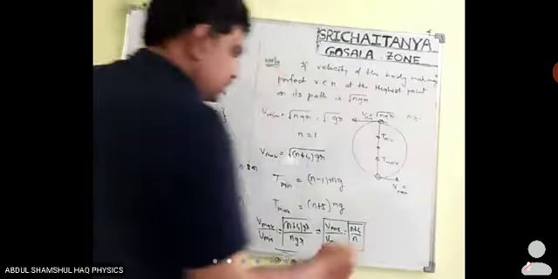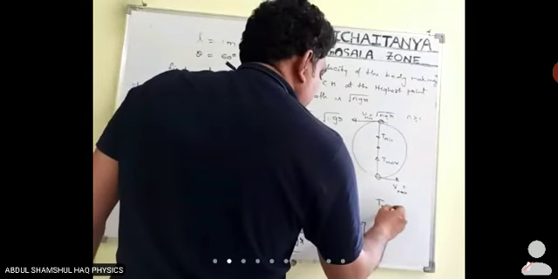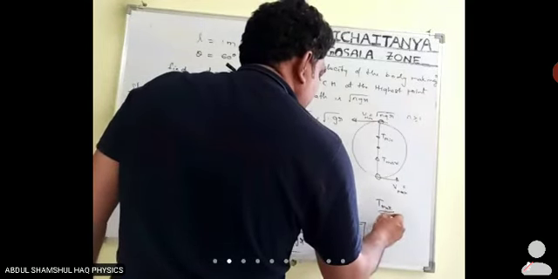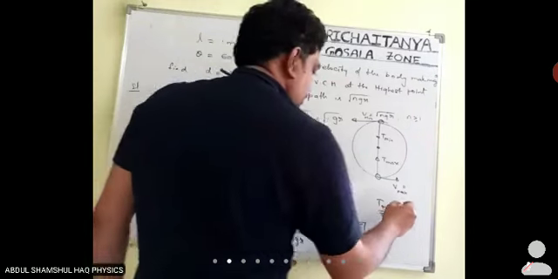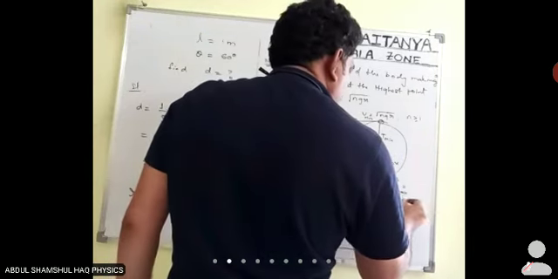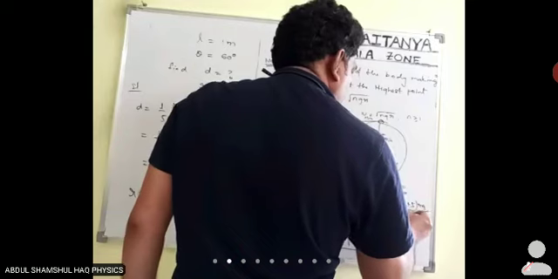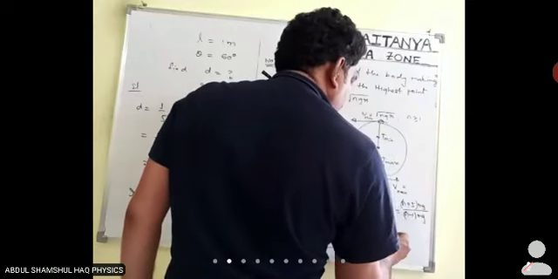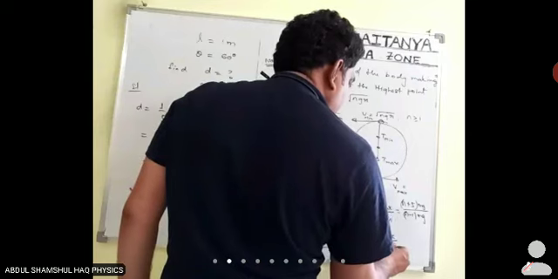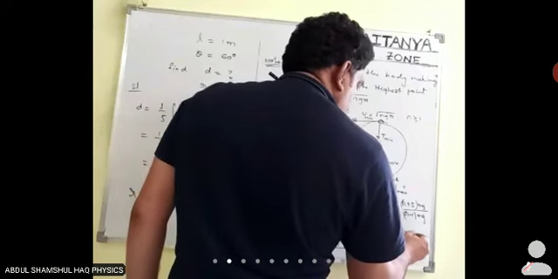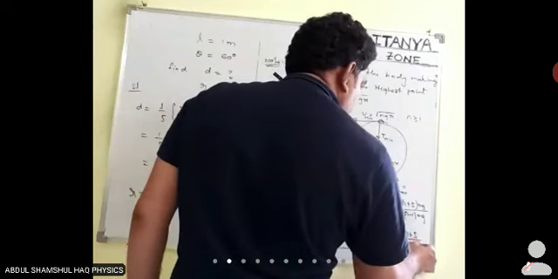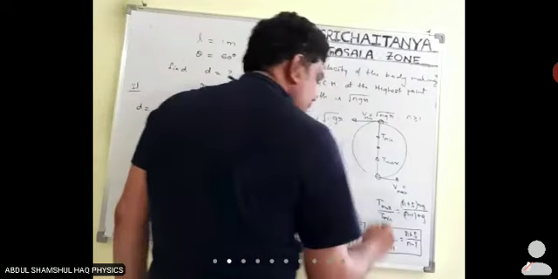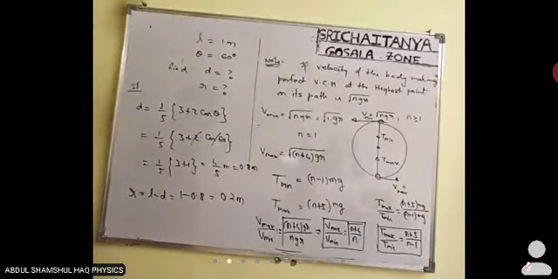Similarly, let us see T maxima divided by T minima. That is equal to n plus 5 mg whole divided by n minus 1 mg. So therefore, T maxima divided by T minima equals n plus 5 divided by n minus 1. Yes, very good, Hitesh.